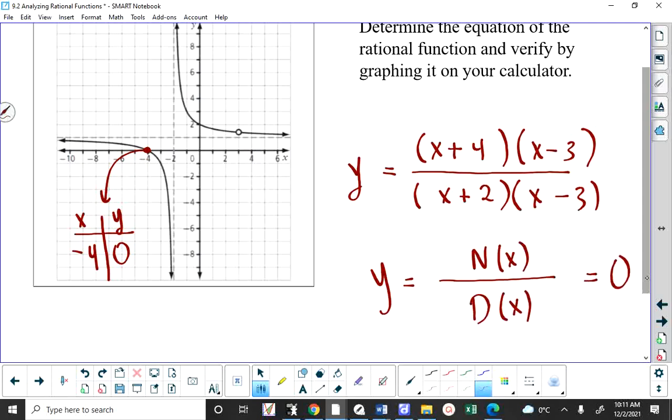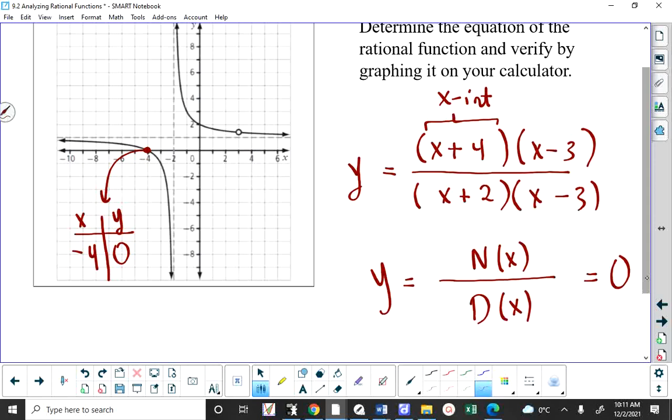The only way y can equal 0 is if the top of this fraction is 0, since 0 over something else is 0. So how do we make the top 0? If this factor were 0, then the top would be 0 and the whole thing would be 0. So this leads us to the x-intercept.